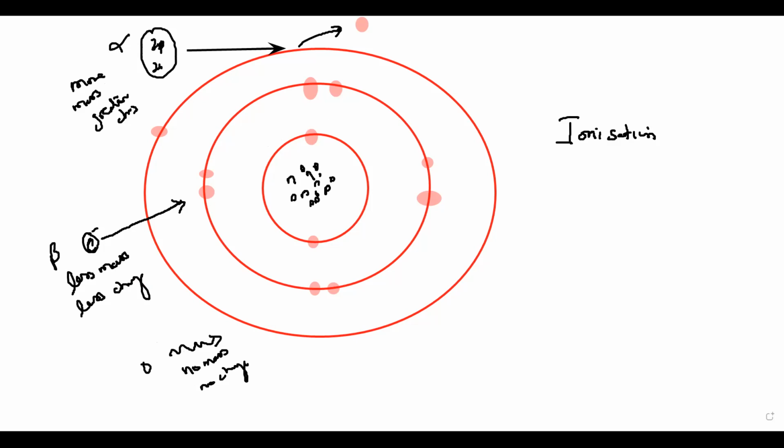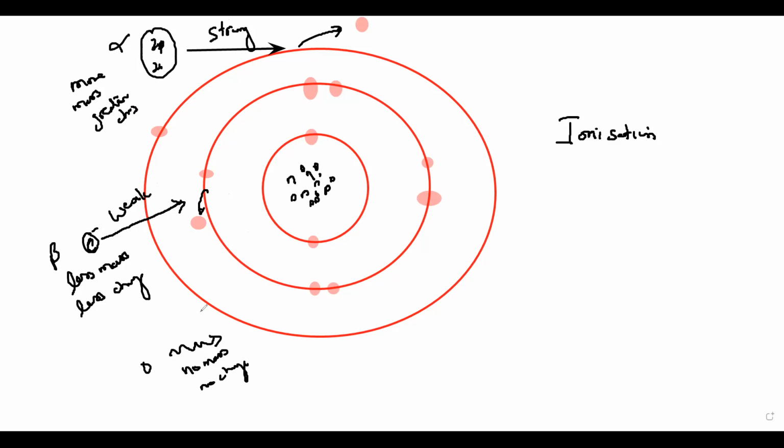So when we compare the capability of these radiations to knock out an electron from an atom, we find that alpha has a strong capability to knock out the electron. Beta has a weak capability.